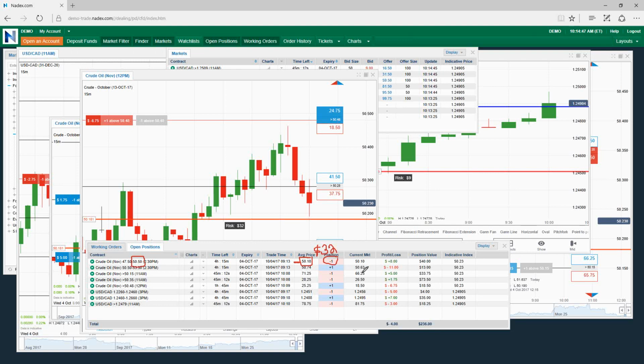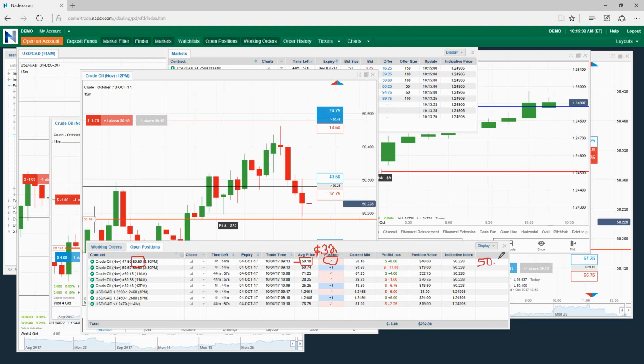Now, let's say that at expiration at 2:30 this afternoon, the indicative index is at 50.20. That would be a losing trade, but I would only lose $30 instead of the $32. Do you understand that? In other words, I could have a loss that is less than $32.